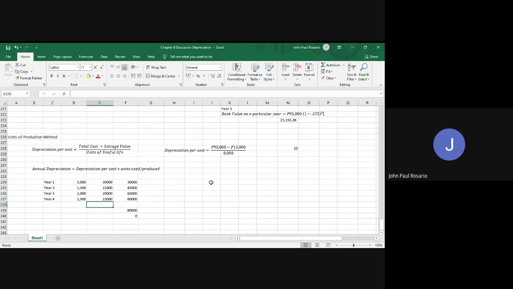So, with that in mind, let's build our depreciation table.